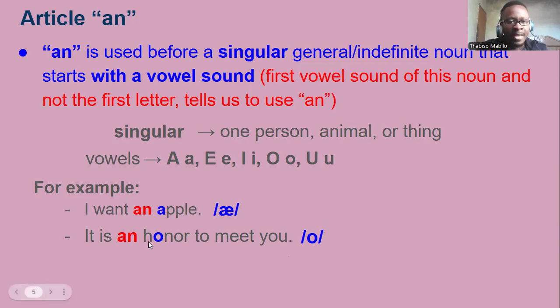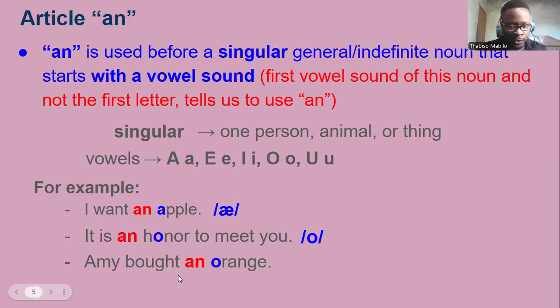So it is not about the fact that the first letter is a vowel, but whether the first sound is a vowel sound. That's what dictates if we are going to use the article "an". So we say "an honor". Okay?